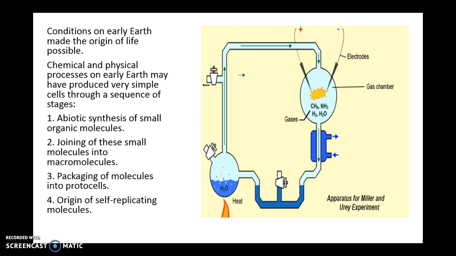Conditions in early Earth. So we're talking about when Earth was first formed, and the idea is that you had dust that bombarded into larger and larger boulders, boulders being rocks, and then you had gravity actually pulling all of these rocks together into something that then became Earth. Very, very hot, very molten.